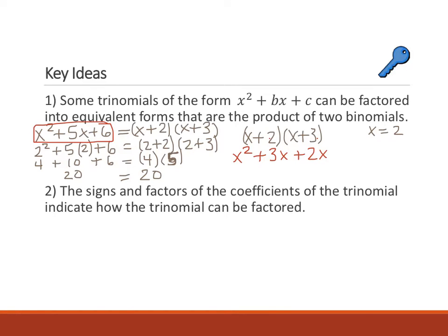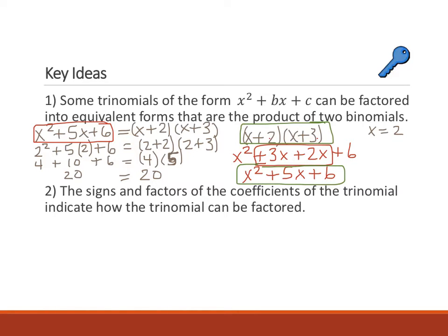And 2 times 3 is 6. When I add my two middle terms, I do have a product of x squared plus 5x plus 6, which is the original trinomial. Again, the binomials that are being multiplied together are equivalent to this trinomial. Or I must say that the product of the two binomials is equivalent to the trinomial in standard form.